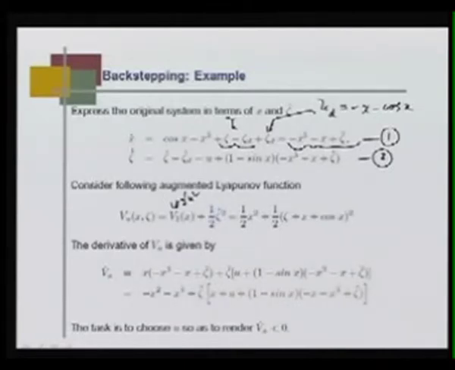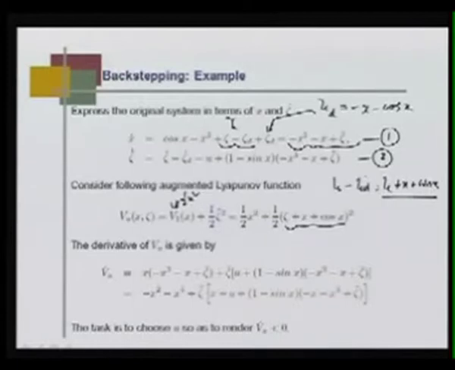So, V is half x square plus half xi tilde square, which can be written with xi tilde as xi plus x plus cos x, whole square. Because xi d is minus x minus cos x, xi minus xi d is xi plus x plus cos x.